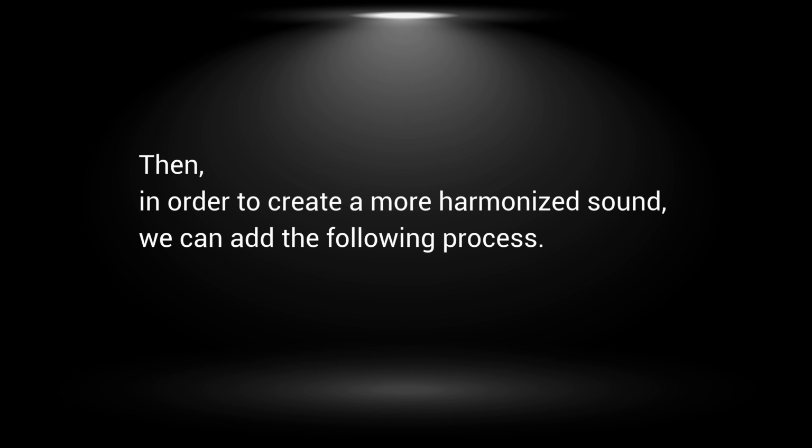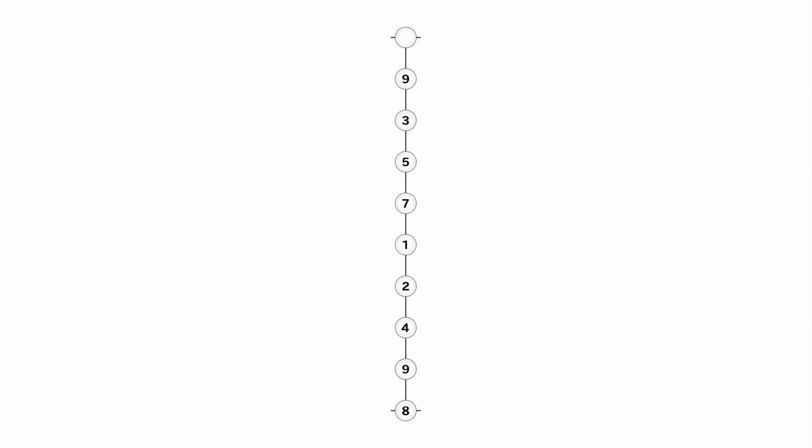Then, in order to create a more harmonized sound, we can add the following process. As we have discussed previously, in the ascending process to the supreme vertex, point 4, as well as point 1, goes up, as illustrated. Because of this ascending process, after the process from point 2 to point 4, there is the process from point 4 to point 1, as illustrated.